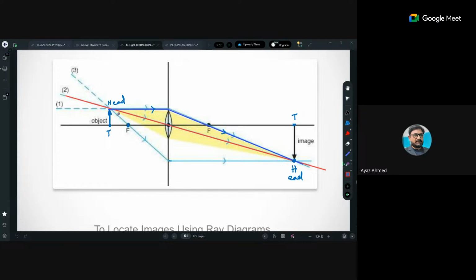If you say that the head is the light source, then it will generate two rays. One is parallel, passing through the principal focus afterwards, and one is directly entering and passing through the optical center. And the point where they are intersecting each other is basically the head of the image.